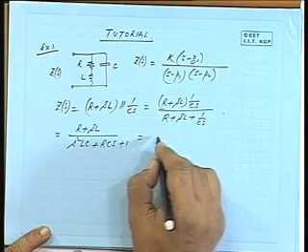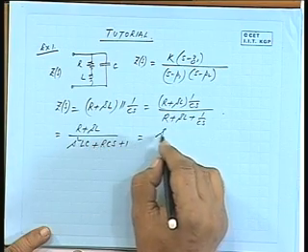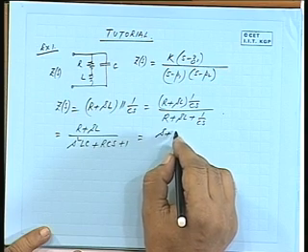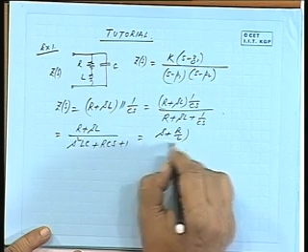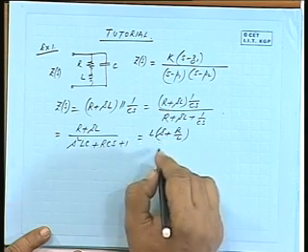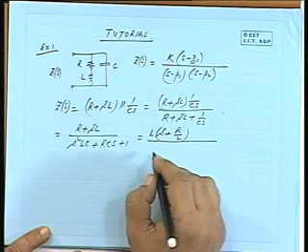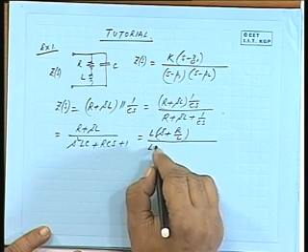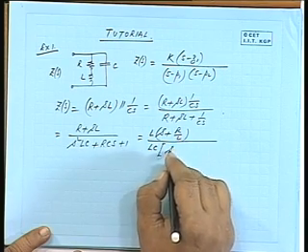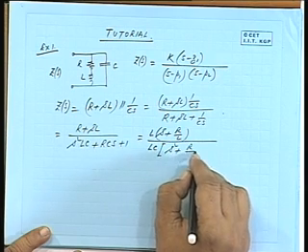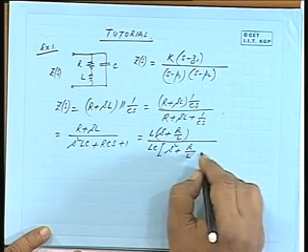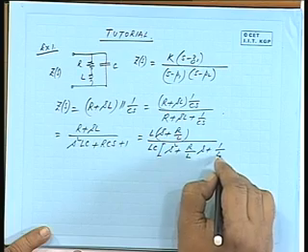So, this can be taken as S plus R by L into L divided by LC into S squared plus R by L S plus 1 by LC.